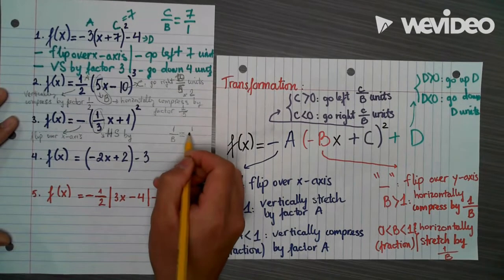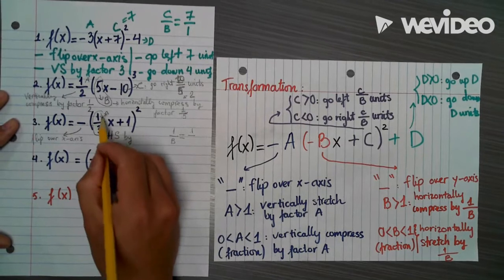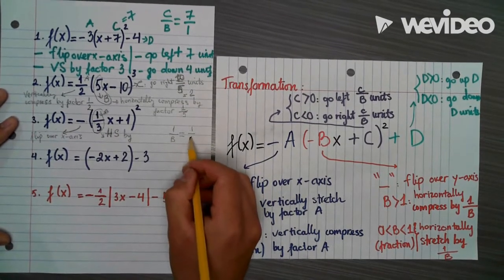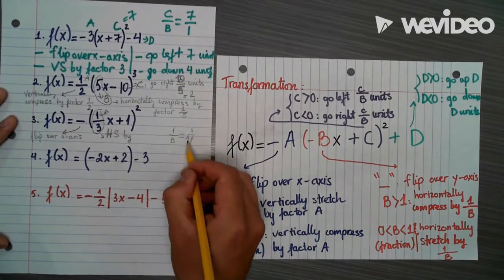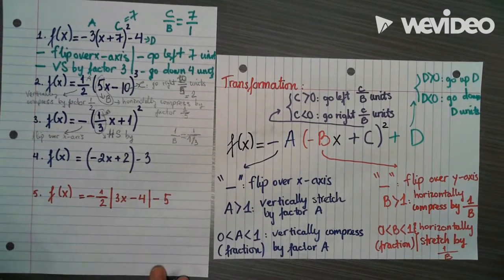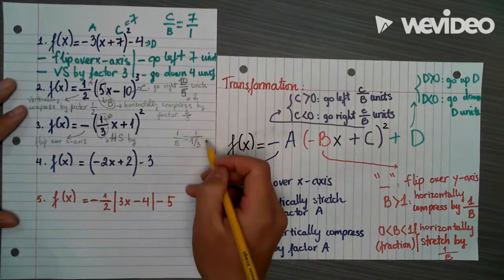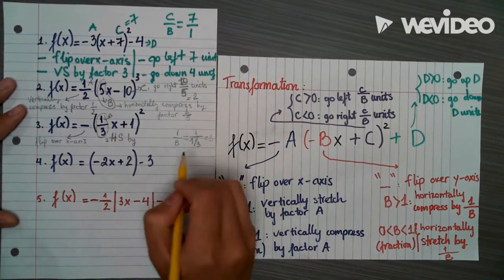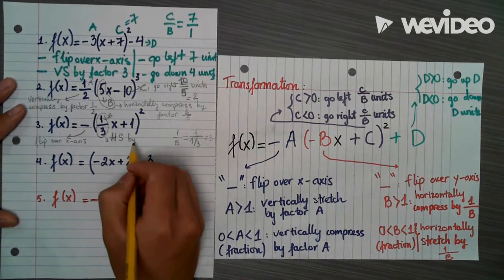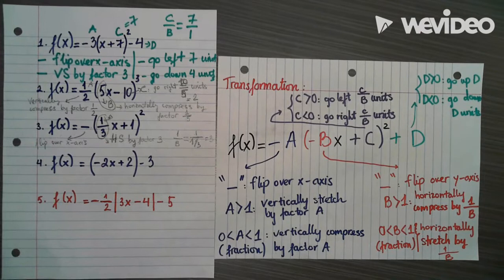So 1 is 1, correct? This is my B, and B is 1/3, so you divide by 1/3. If you are not familiar with dividing fractions, please use a calculator. This equals 3, right? So horizontally stretched by factor 3.